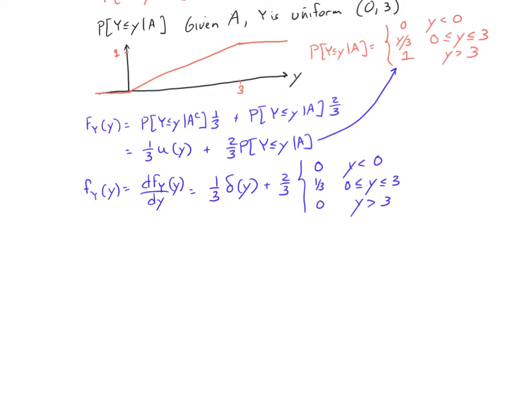So the easiest way to describe this function is to show it graphically. Graphically, we have an impulse of height 1/3, and then we have a function over here which is equal to 2/9 between 0 and 3.